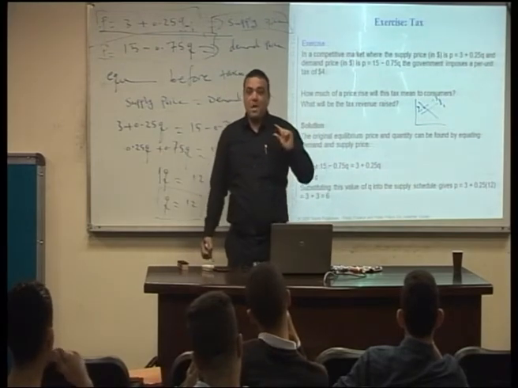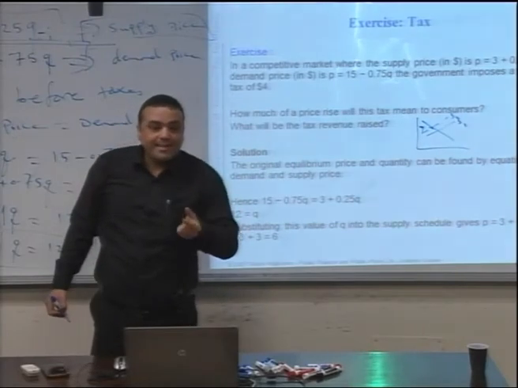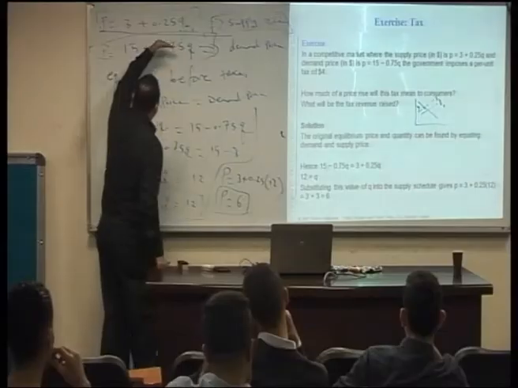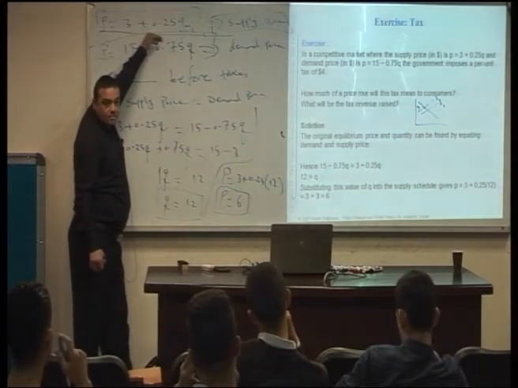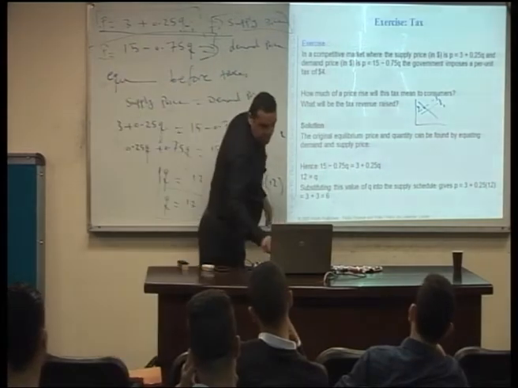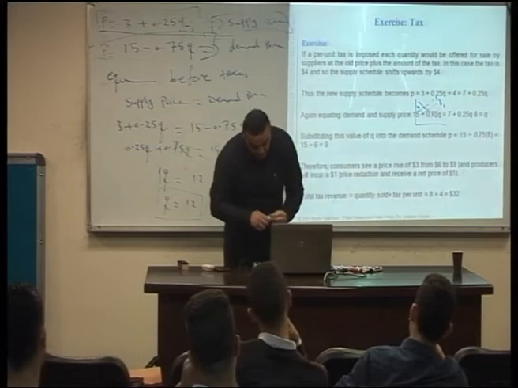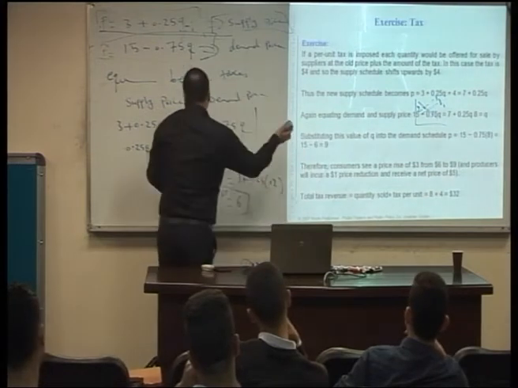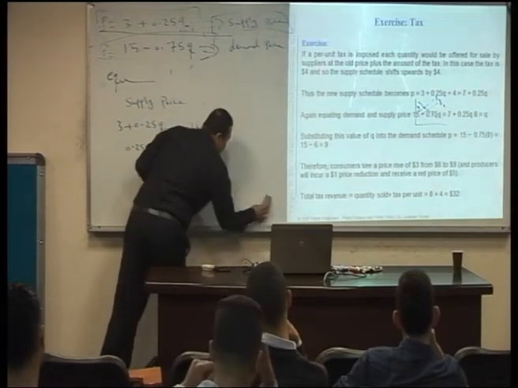The per unit tax should be added to the supply price function, and the demand function remains constant.